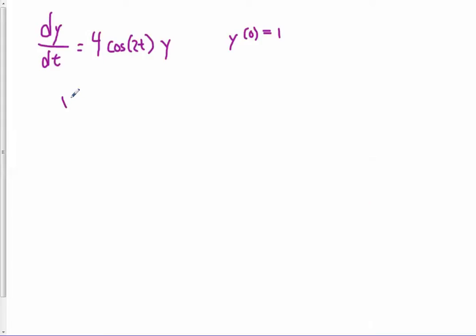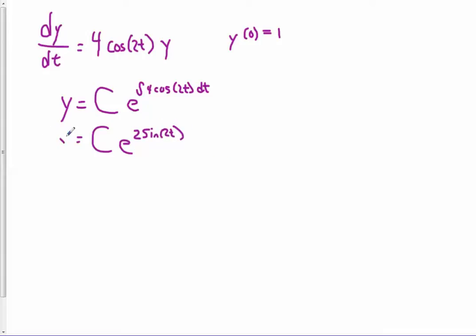So the answer is y equals c times e to the, and then we have to do the antiderivative of 4 cosine 2t dt. Okay, well, we can do that. The antiderivative of 4 cosine 2t is going to be 2 sine 2t. And there we go. That's the general solution.